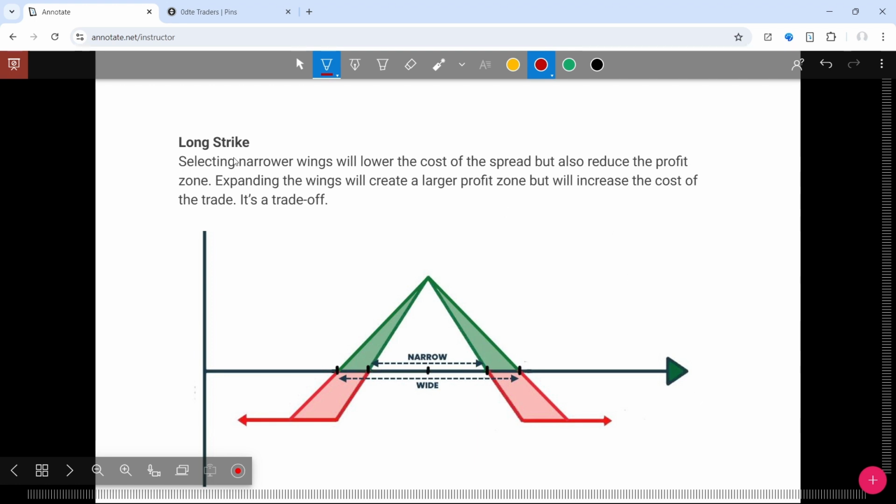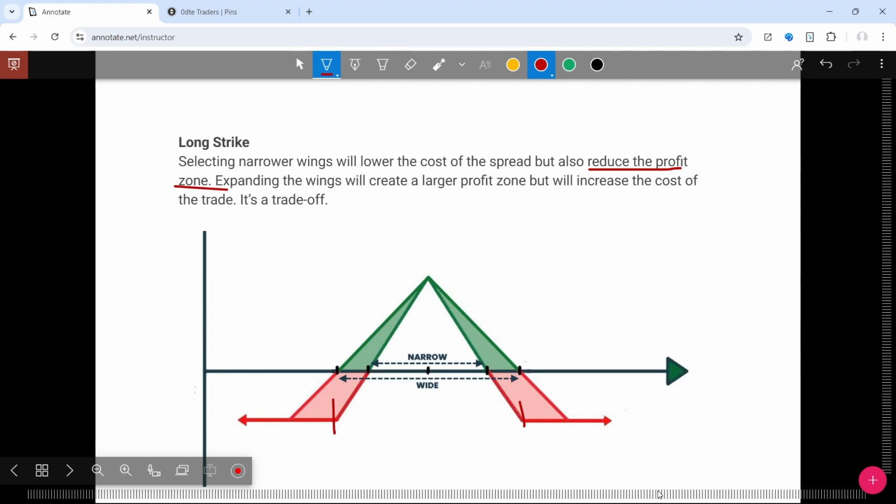If you select narrow wings, this is going to lower the cost of the spread, but it's also going to reduce that profit zone. So you're going to have a smaller target to pin. You can think of that from a probability perspective as well: you're going to have a lower probability of expiring within that zone.